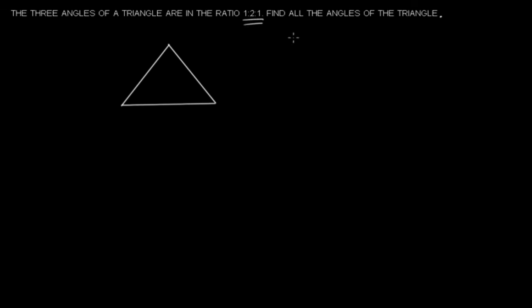Let's suppose that one of the angles is equal to x. Let's suppose that it's a variable x. We don't know the value, we have to find that. So if one angle is x, then the next one, as it's in ratio 1:2:1, right?